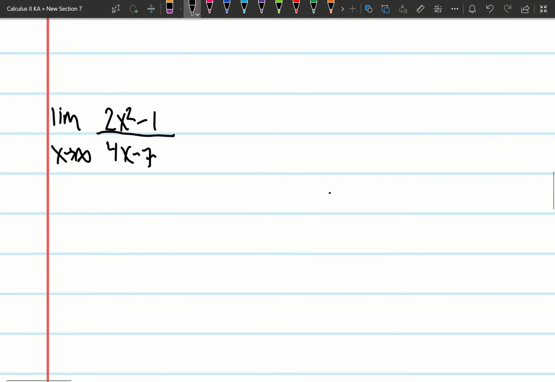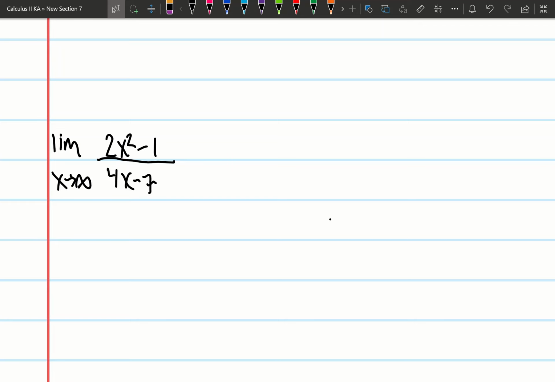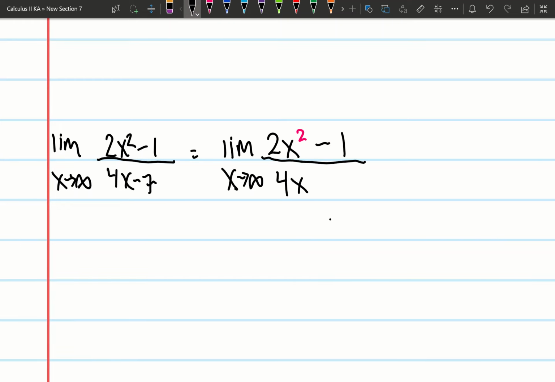Now, the idea is we're going to say that this is equal to the limit as x approaches infinity of 2x squared minus 1 over 4x to the first power minus 7, right?